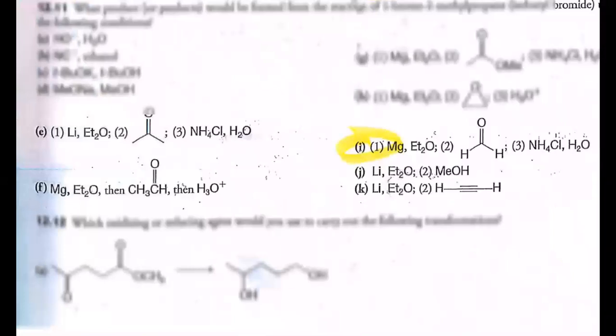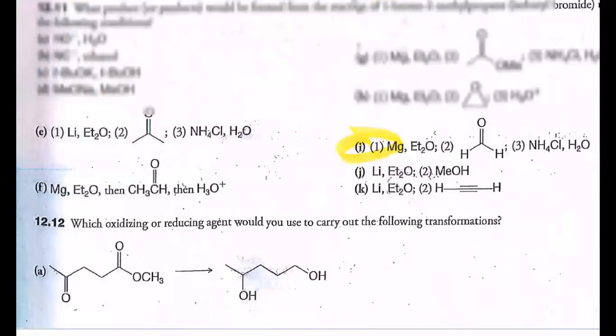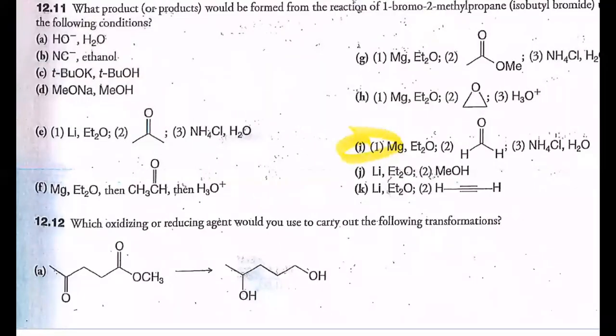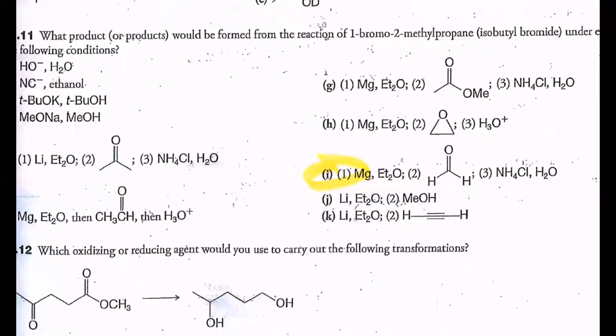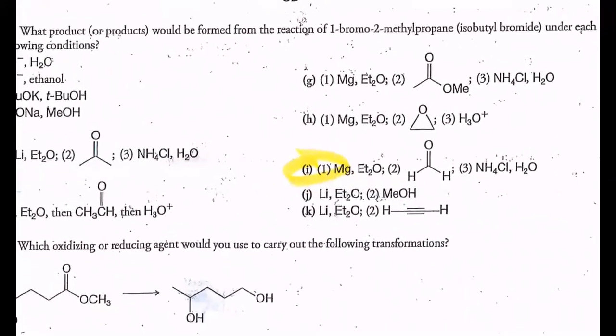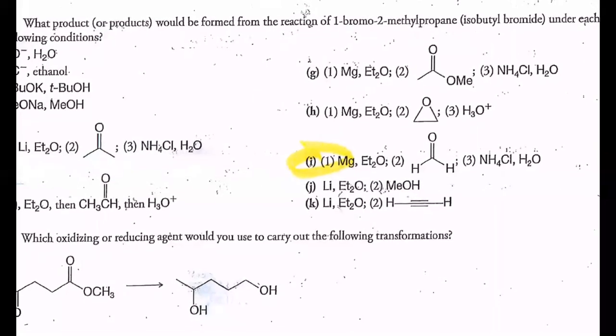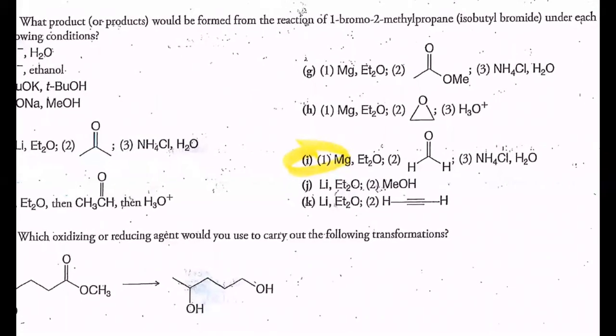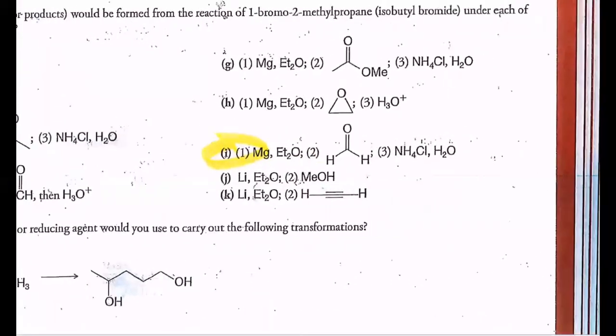Let me scroll down and see what they got down here. All right, let's look at this question down here. It says, what product or products will be formed from the reaction of 1-bromo-2-methylpropane under each of the following conditions?